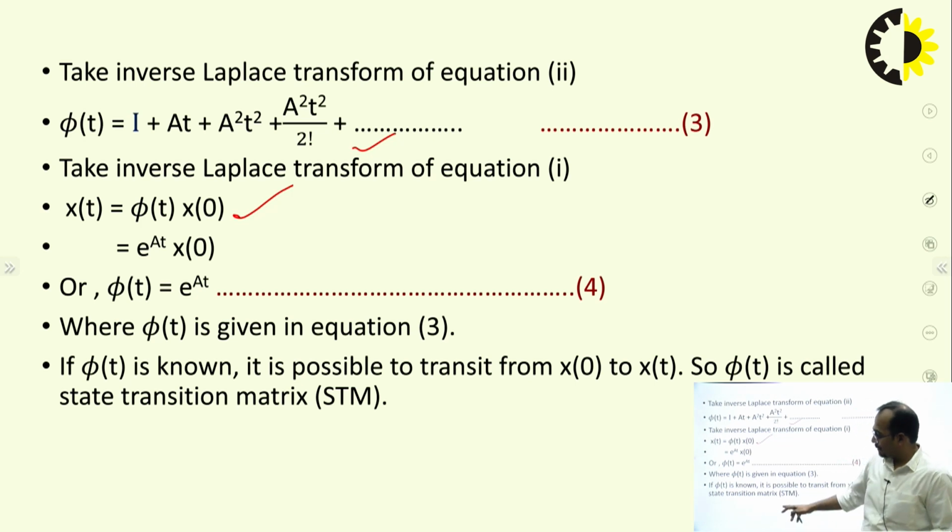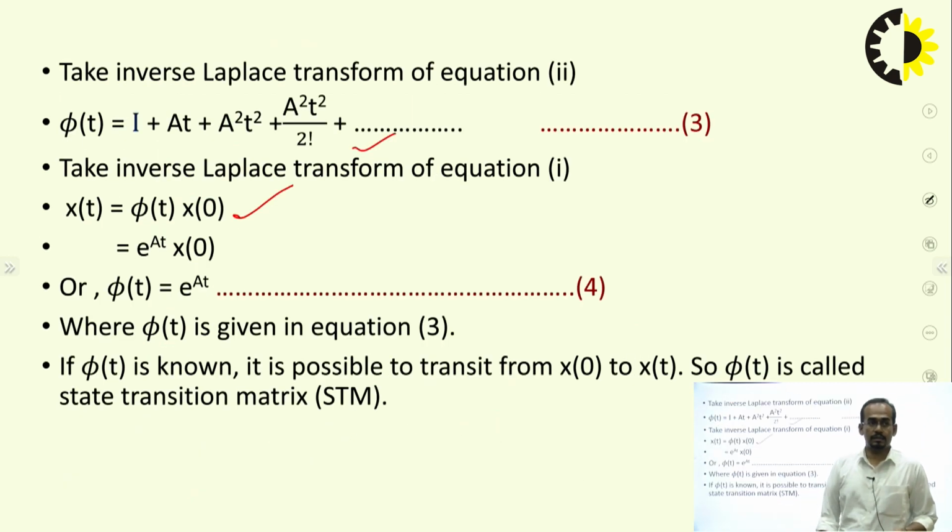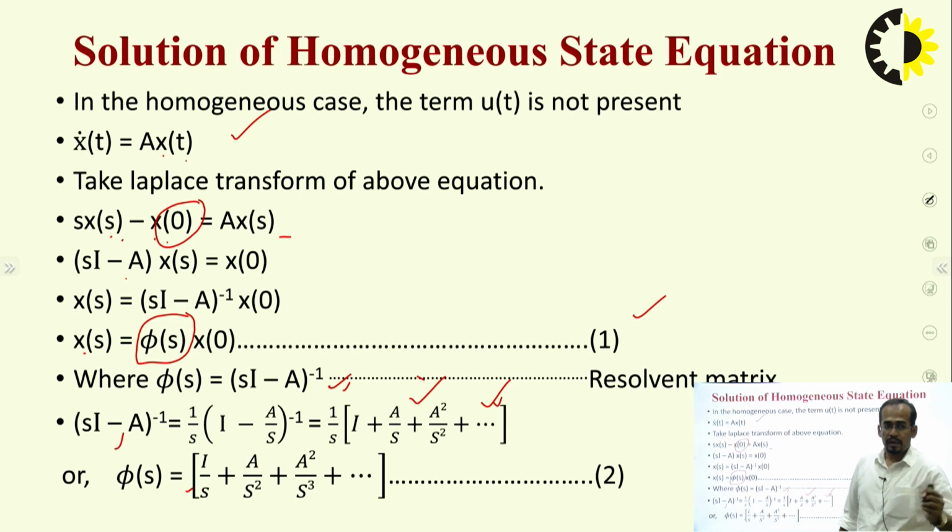So, if I take the Laplace inverse of this, then I will get phi t is equal to I by s. I by s will be 1 because inverse Laplace of 1 by s is unit step signal. So, I am not considering here a unit step signal, I am writing here 1. And again, you can see A by s square.